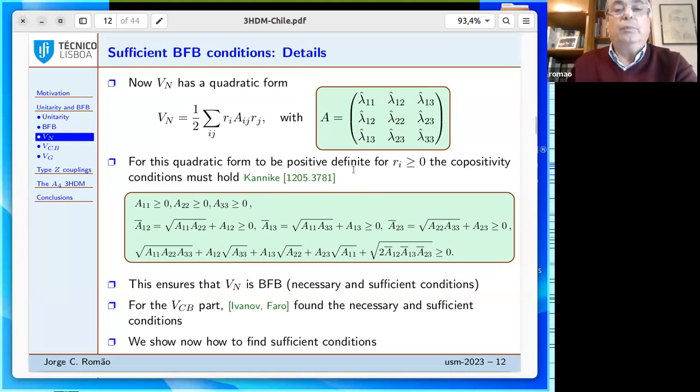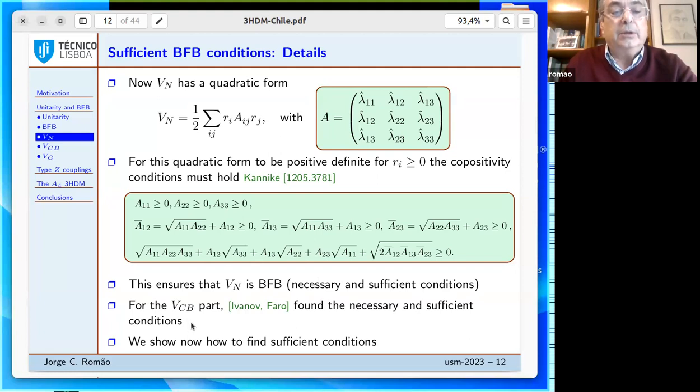If you know the matrix and you apply these conditions, and they are all satisfied, then this ensures that the neutral part of the quartic potential is bounded from below, and these are necessary and sufficient conditions.